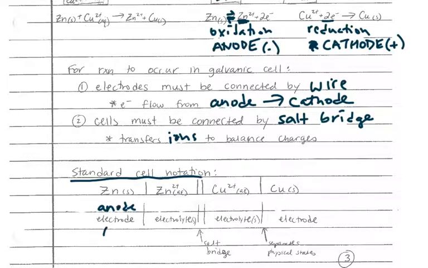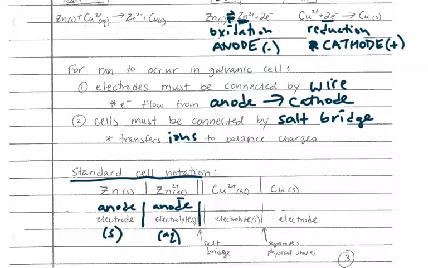So the anode electrode is the solid piece of metal that's sticking in the anode. And then followed by the anode electrolytes, so any ions in solution that are aqueous. All right, and we use a single line to divide the solid things from the aqueous things.